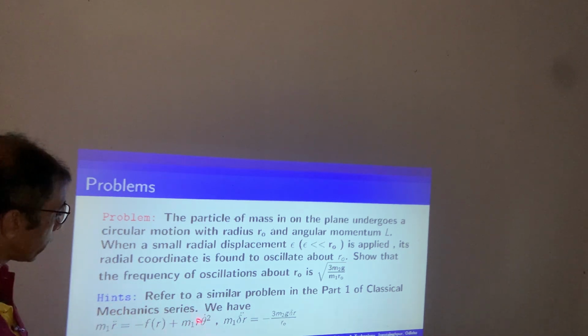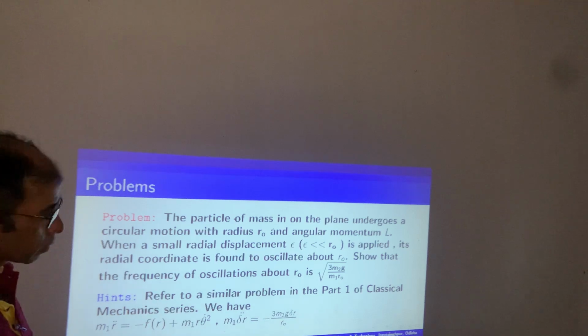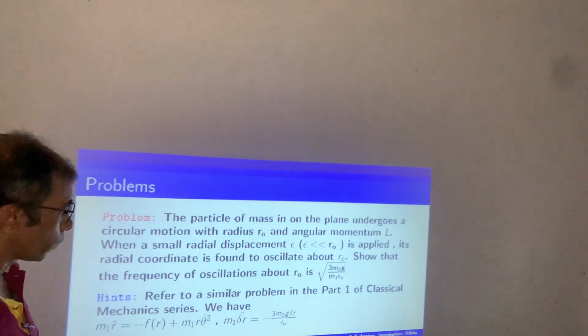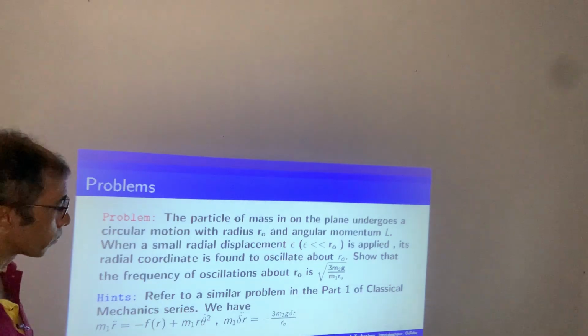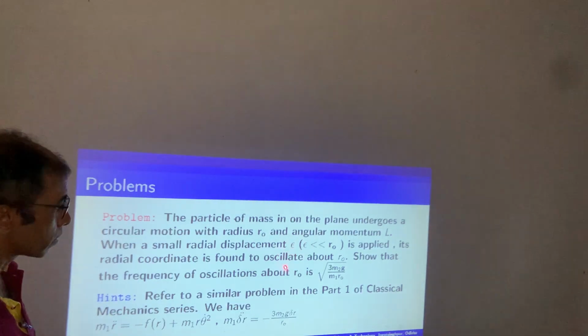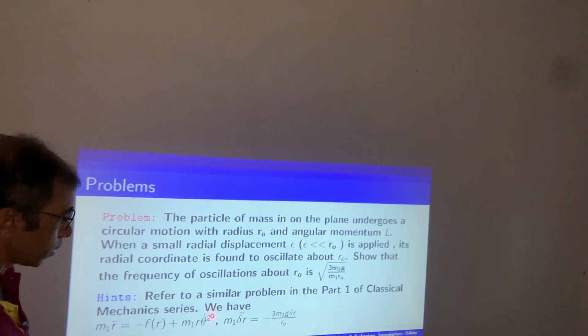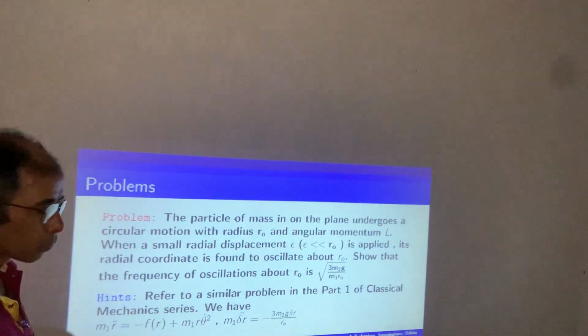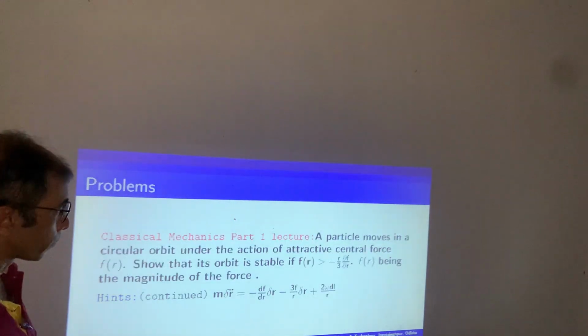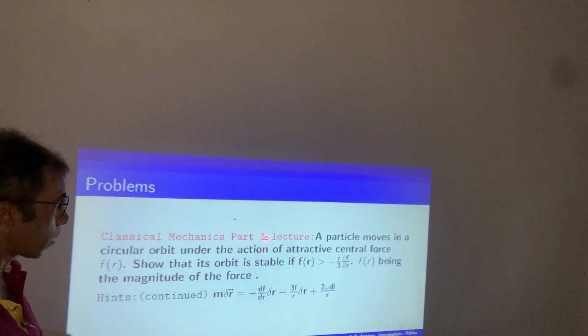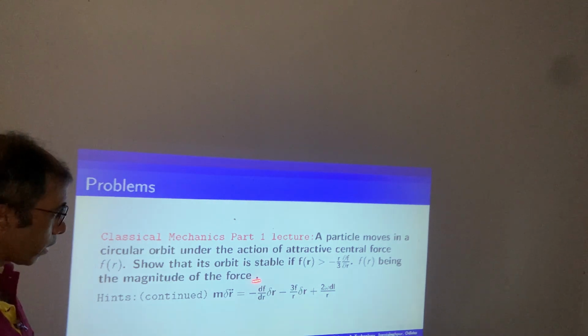And then I disturb everything. I move it, so really there is a disturbance of epsilon, and because there is an epsilon, there will be a disturbance in delta theta also. We have done this extensively in the classical mechanics part 1 lecture, and we arrived at this result.